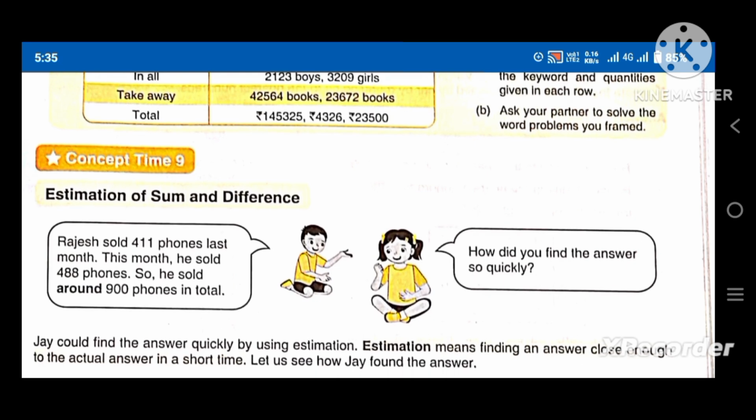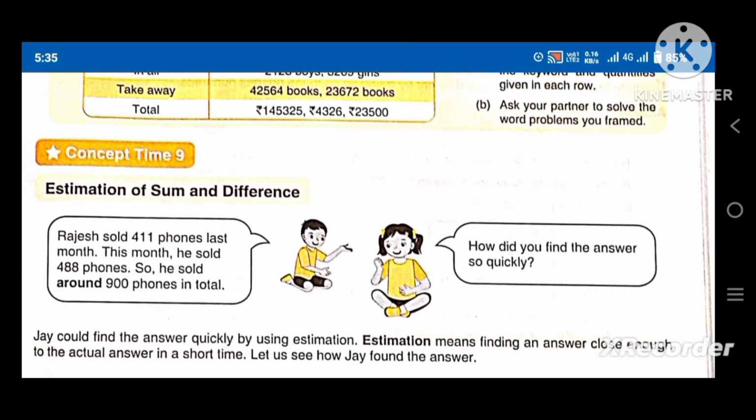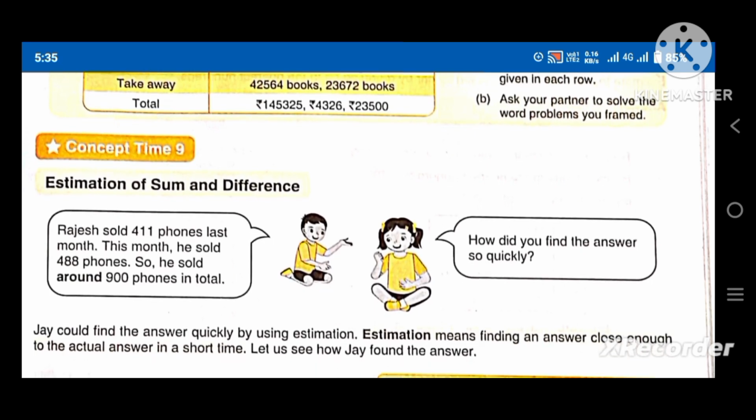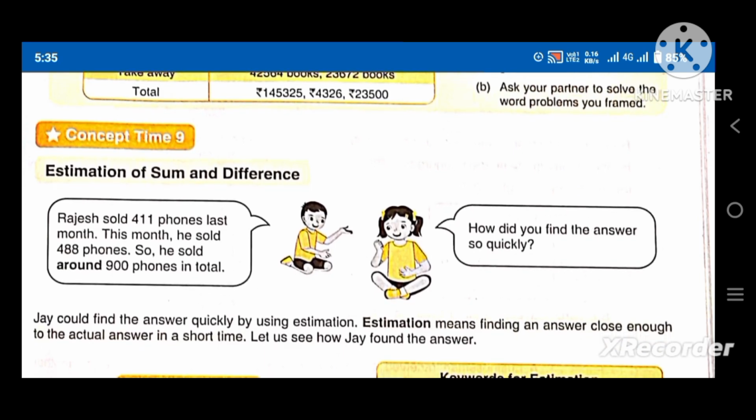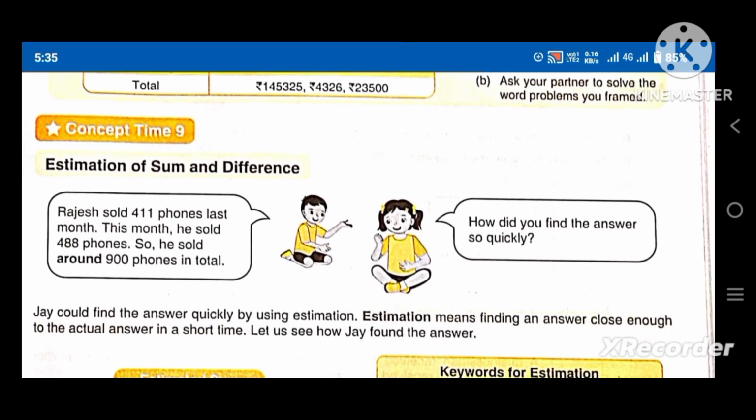In pairs, frame a problem with the keyword and quantities given in each row. B. Ask your partner to solve the word problems you framed.